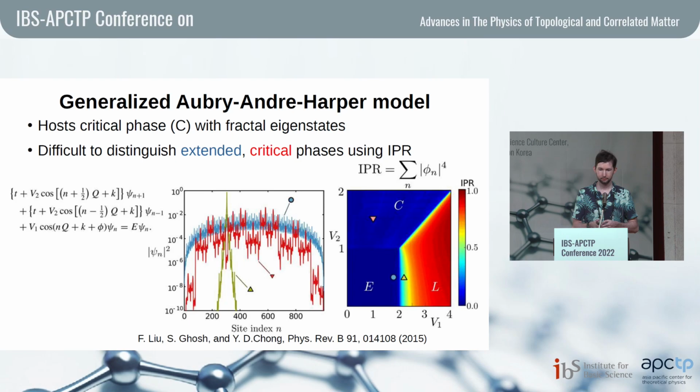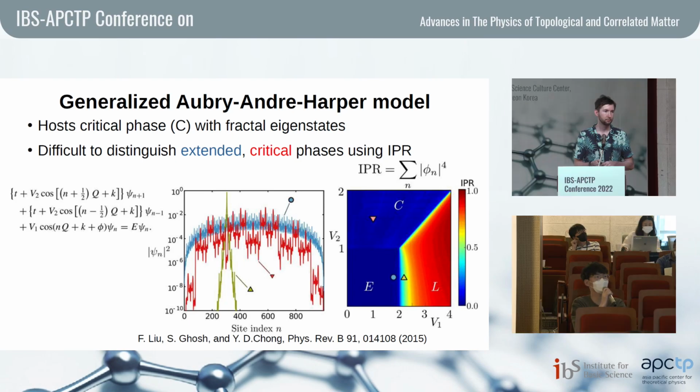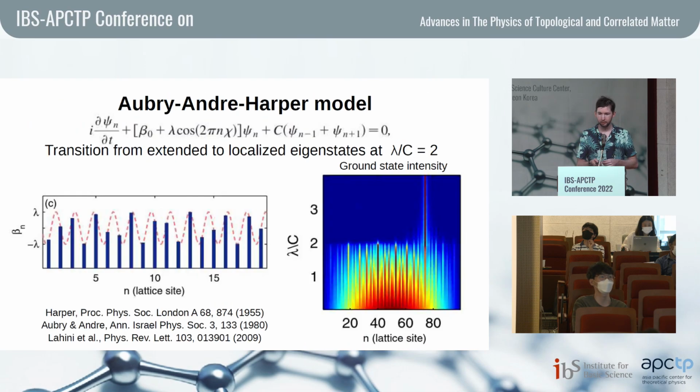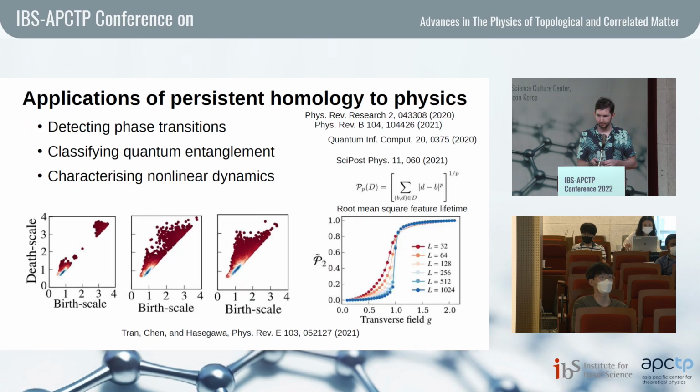At the middle of your presentation, I think I heard that the persistent homology is able to maybe distinguish, like classify quantum entanglement, and I was curious how it could be used to classify it. So you're referring to this one? Yeah.